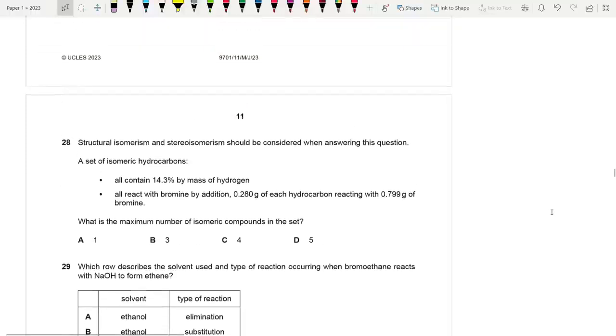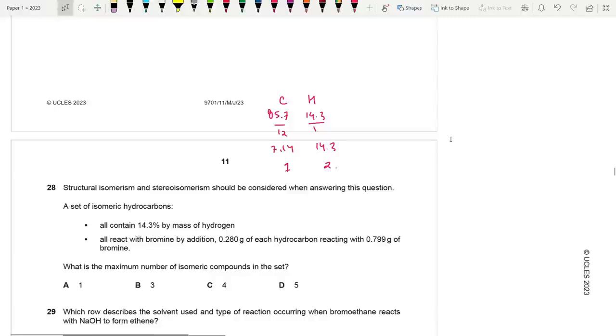Okay, so it's a hydrocarbon, so it's just C and H. So it's 14.3 over here, so that should be 100 minus 14.3, which is 85.7. So divide by 12, 7.14, and 14.3 divided by that answer, which is 2. So it's a 1:2 ratio.